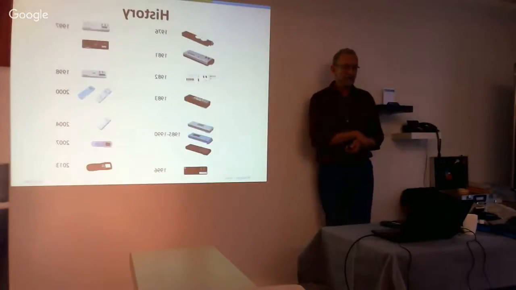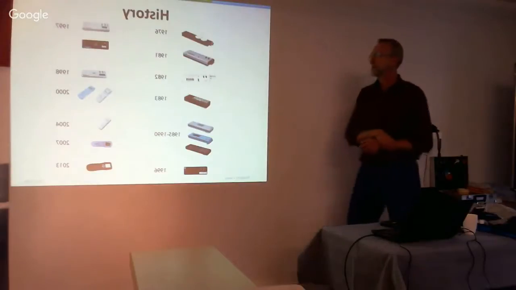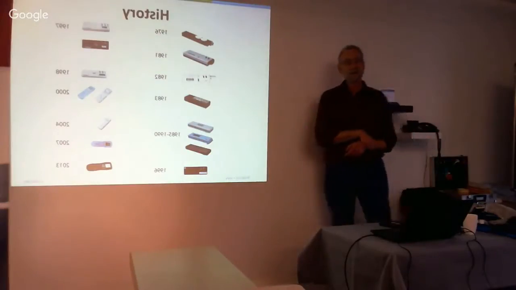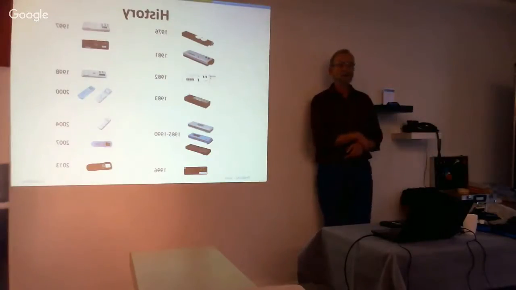Different devices are around. As you can see, these were the first ones here, and now we are down at devices that look like this. The latest development from Rhythm OKB was the Super Probe.